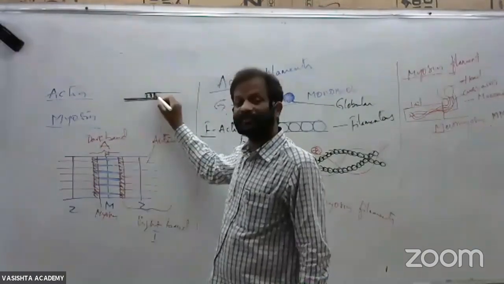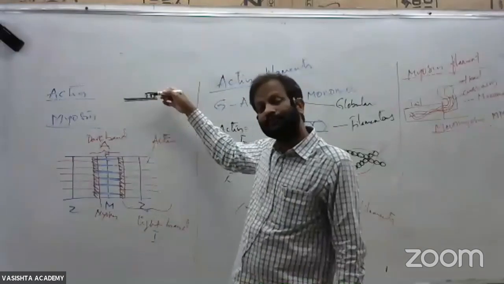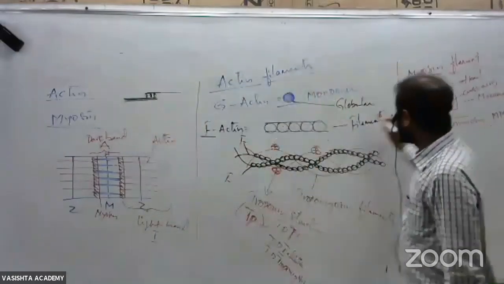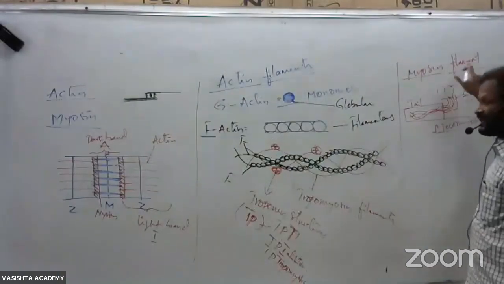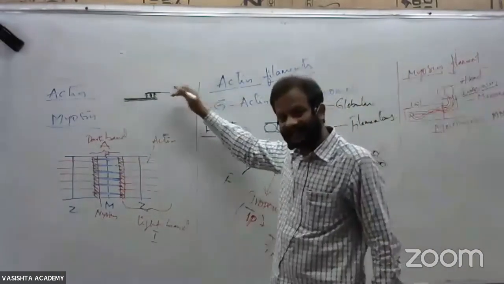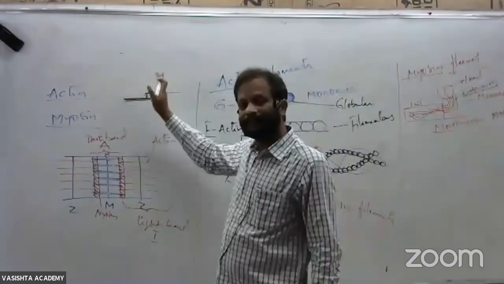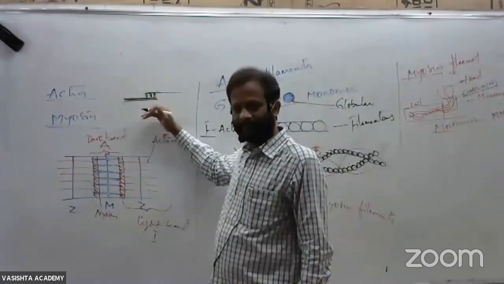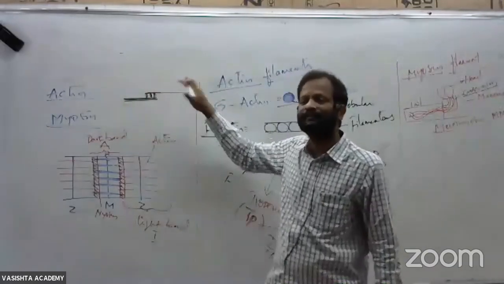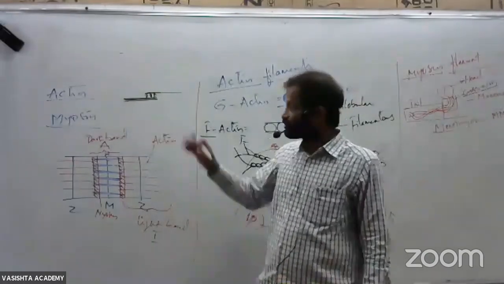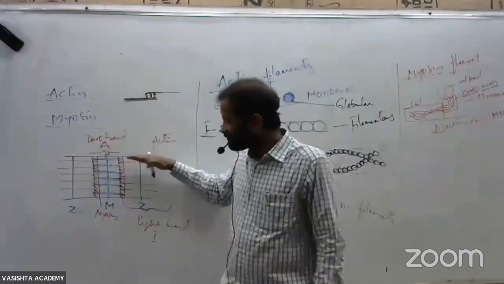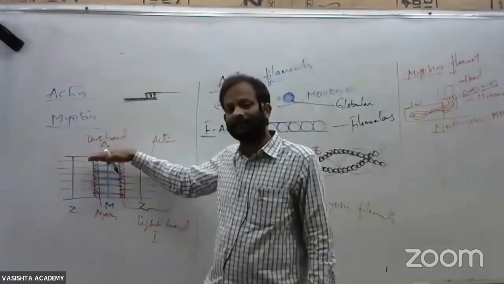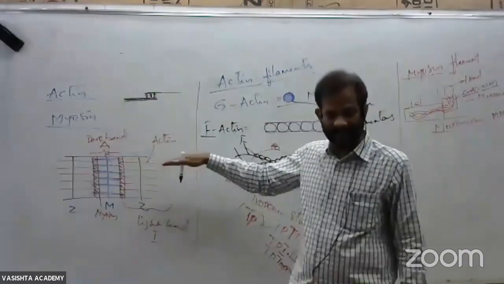We call it a cross bridge. Before attachment with the actin filament, we call it a cross arm. When the cross arm and head attach with the actin filament, it appears like a bridge between actin and myosin. That's why cross bridges form. Due to movements of the cross bridge, actin filaments will be pulled towards the M line. I will explain that later.